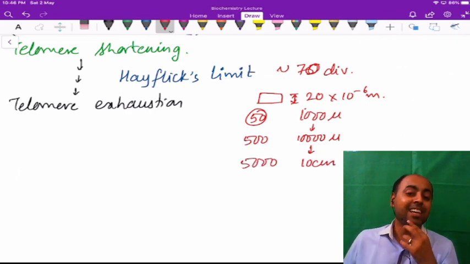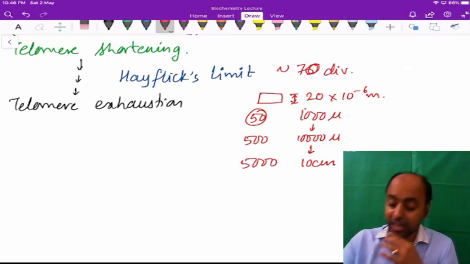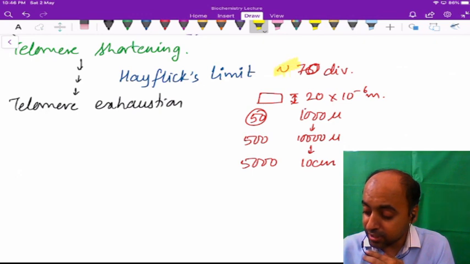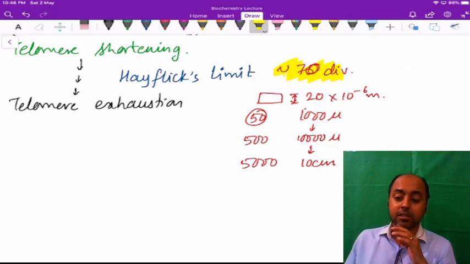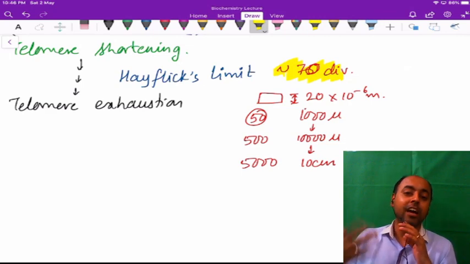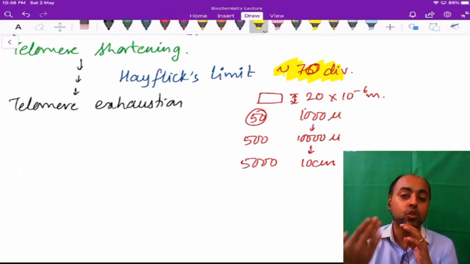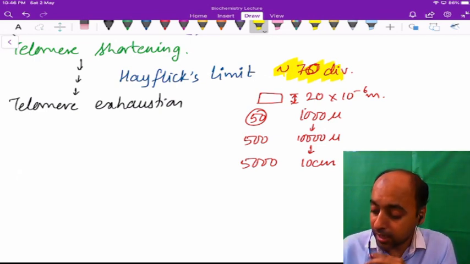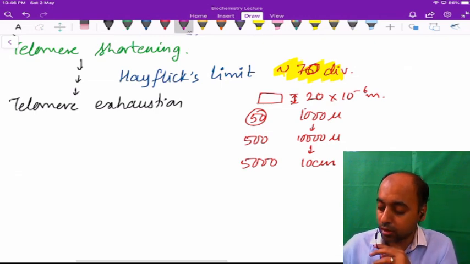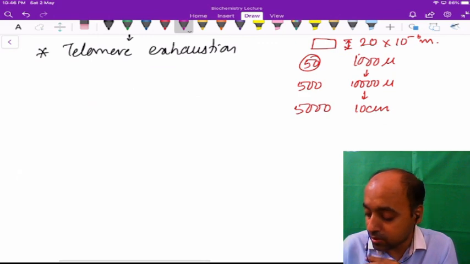So this means in one single month the hair follicle divides 5,000 times, and I was just saying that the Hayflick limit is only 70 divisions. So there must be a mechanism to bypass the Hayflick limit. How are we going to bypass the Hayflick limit so that an unlimited number of divisions can occur in those cells where cell division is required? And that is by the enzyme called telomerase.